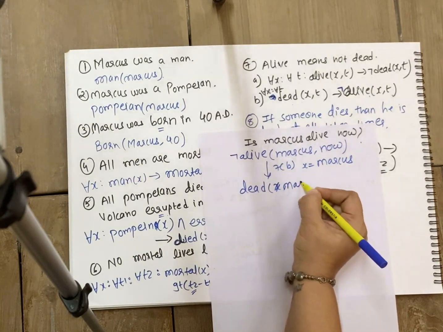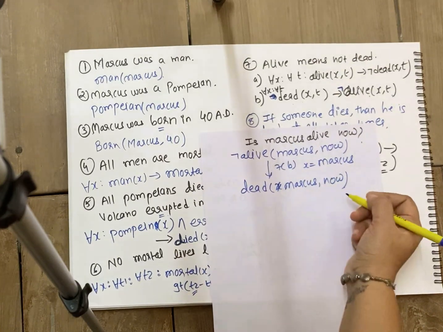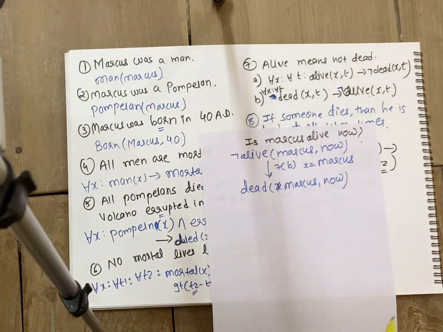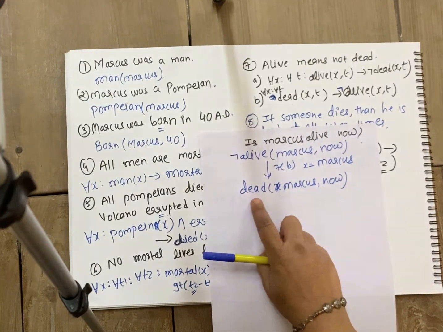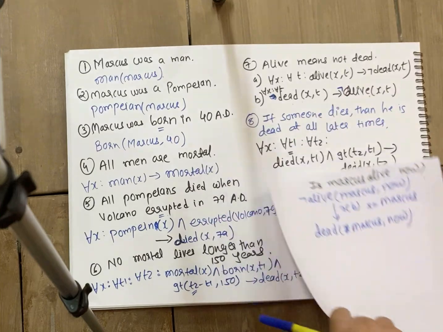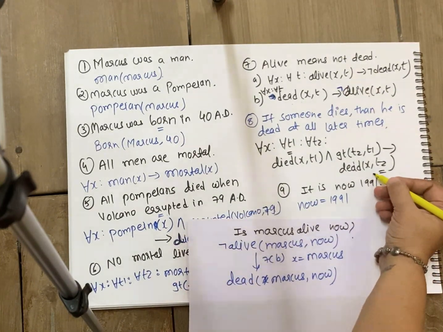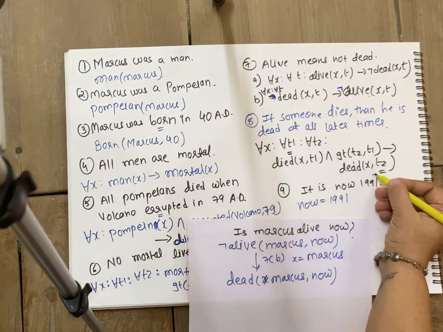So dead Marcus comma now. Okay. Now what are we going to do? We are going to search for dead now. Yes, we got it over here, dead in the eighth one.